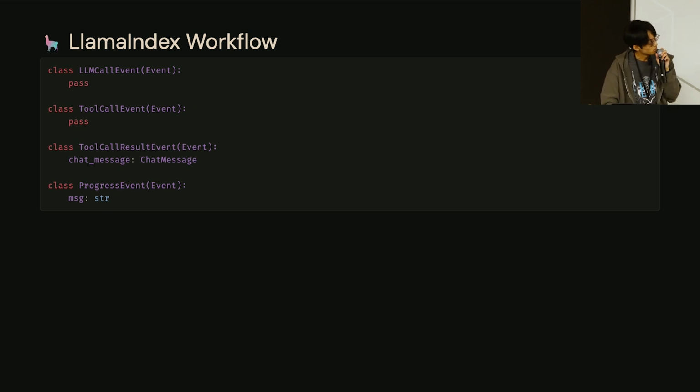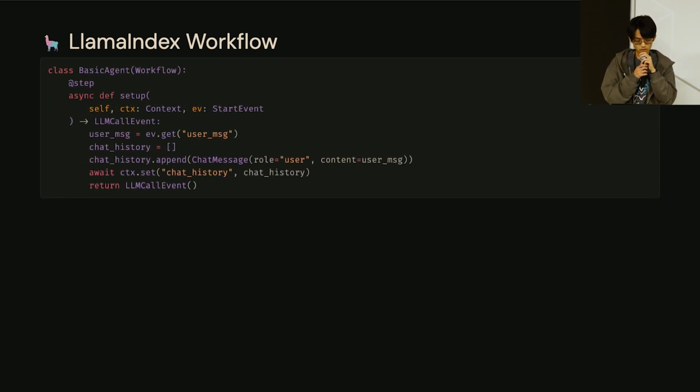So what are we going to do with the LlamaIndex workflow? First, we just need to declare some events. In the example, we need a call event and some progress events. Then for each workflow, we just need to define the steps, and in each step we declare what it's going to do.